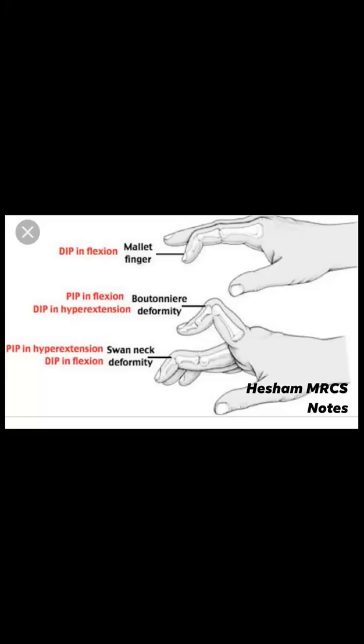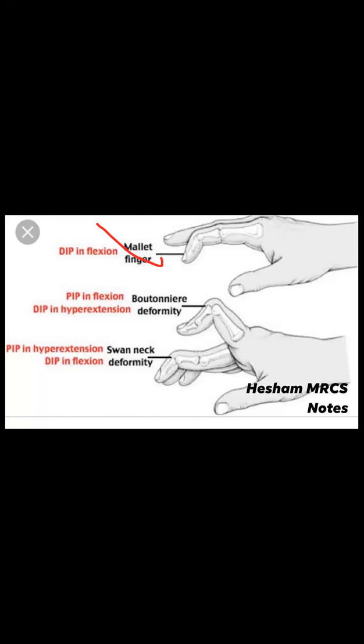Another one, some important movements at the level of the proximal interphalangeal and distal interphalangeal joints. The first one, where there is a slight flexion in the distal interphalangeal joint with extension of the proximal interphalangeal joint. This is called mallet finger.